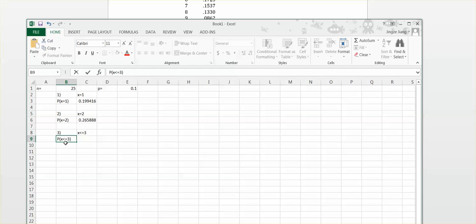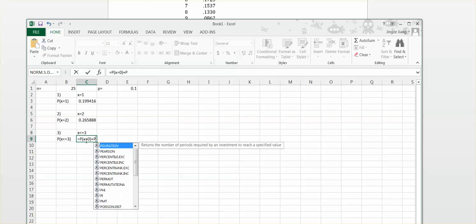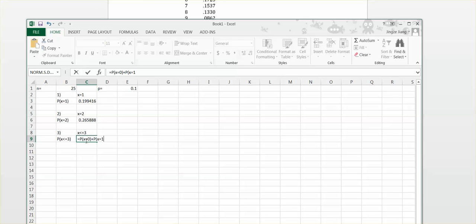As we found, x smaller than or equal to 3 is equivalent to the probability x equal to 0, plus the probability x equal to 1, plus the probability x equal to 2, plus the probability x equal to 3.